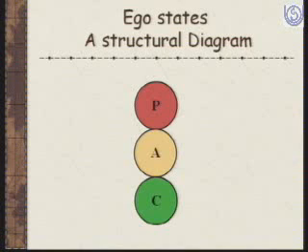In transaction analysis, the structure of the personality is depicted in this way. P stands for parent, A stands for adult, C stands for child. These are three circles. You would notice that they are of the same size. They are just touching each other.